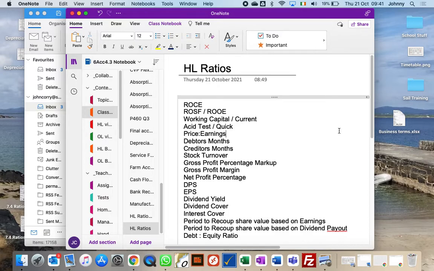So if my debtors pay me slower than I pay my creditors, I have a cash flow problem. What heading did we see already that talks about cash flow problems? Which of the three headings? Profitability, liquidity, risk? Liquidity. So this is a liquidity problem. If I'm paying people quicker than I'm getting paid myself, I've got a liquidity problem.